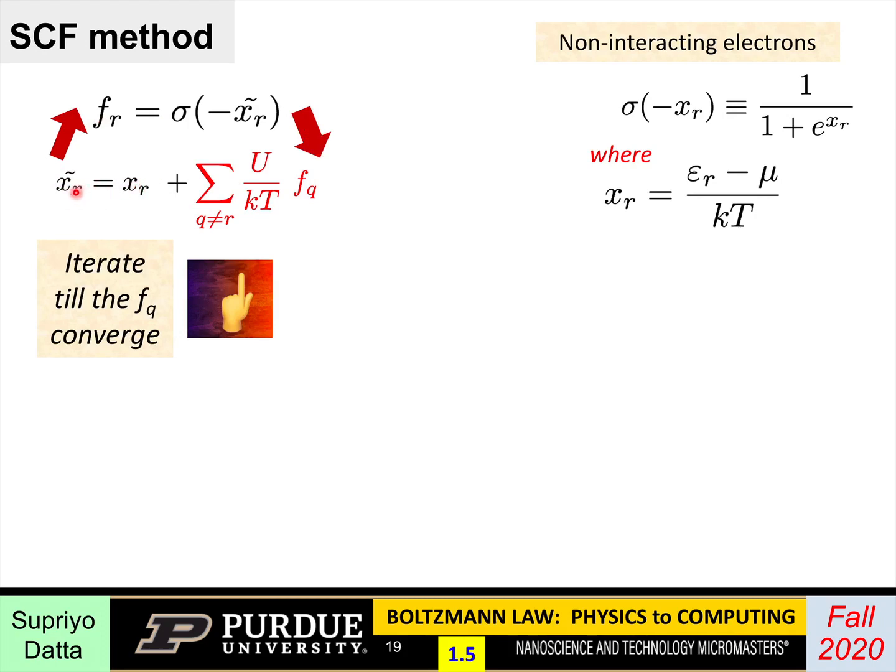So I take it, feed it back again, calculate an f, come back, and keep iterating till the result converges. That's called the self-consistent field method. You do this till you get a self-consistent answer, and this is the method that is widely used everywhere in condensed matter physics and in device physics.